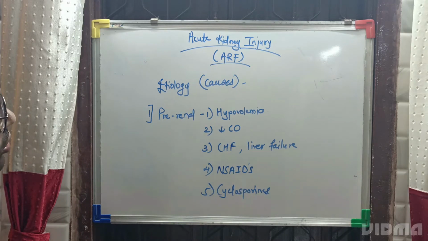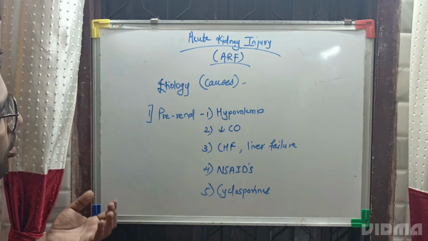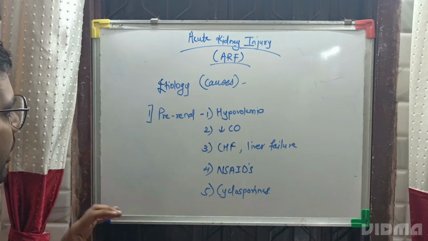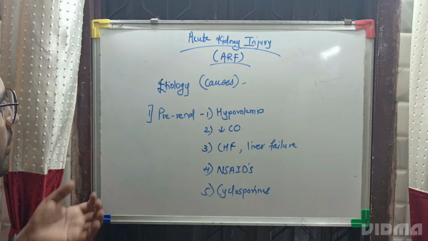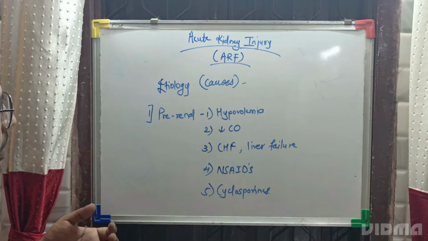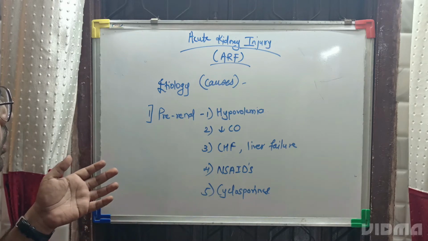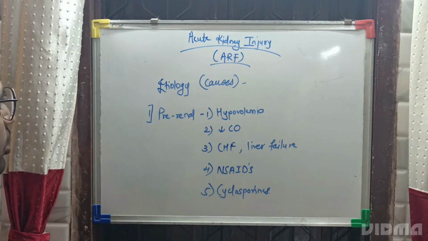There is also one more cause. If there is a formation of a clot, or blood clot thrombus, in the artery, there is a decrease in the supply of blood to the kidney. Because of that also, AKI can take place.